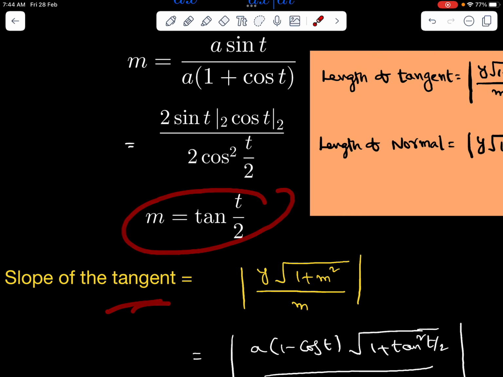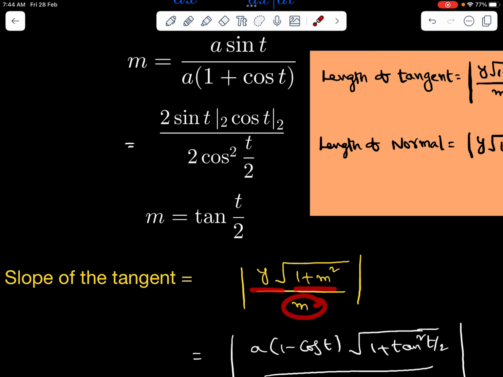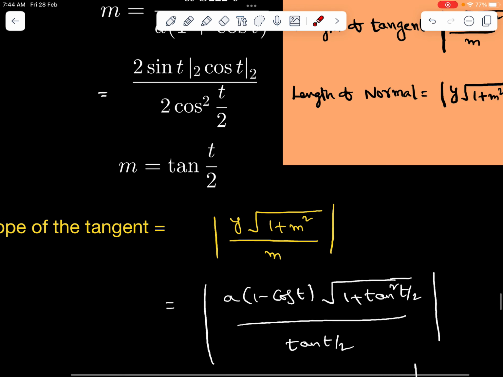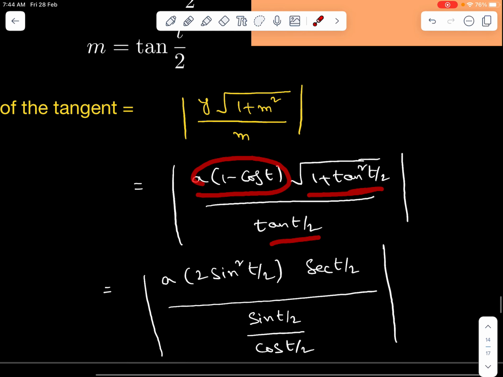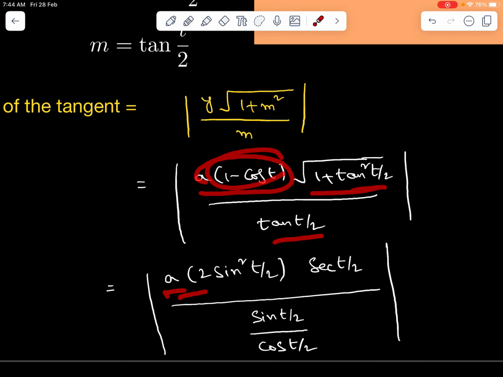Length of the tangent is mod y into root 1 plus m square by m. a into, y equal to a into 1 minus cos t, therefore into 1 plus tan square t by 2 by tan t by 2. Therefore, a into 1 minus cos t, 2 sin square t by 2, secant t by 2.